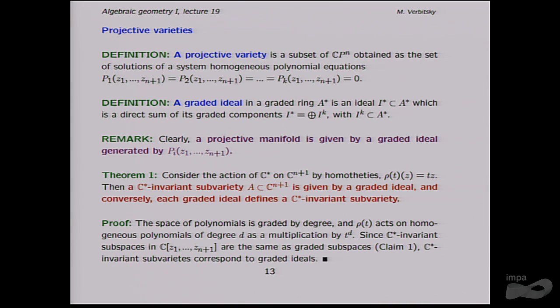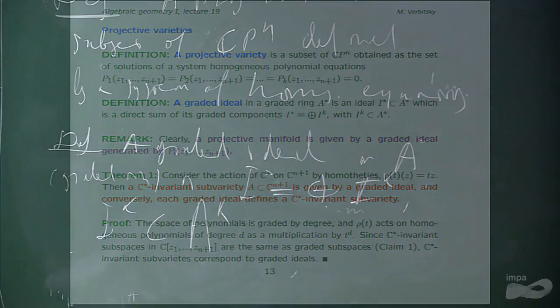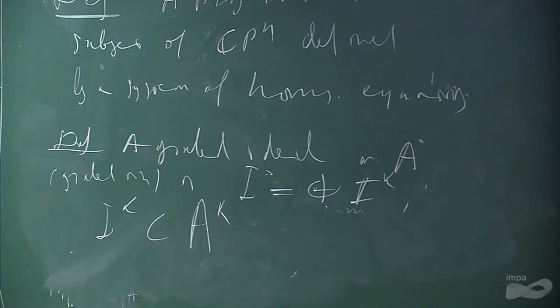Okay, now we have a C star action. This is the standard convention which I will use, by homotheties. The C star action on C^{n+1} is rho of z of v equal to zv.